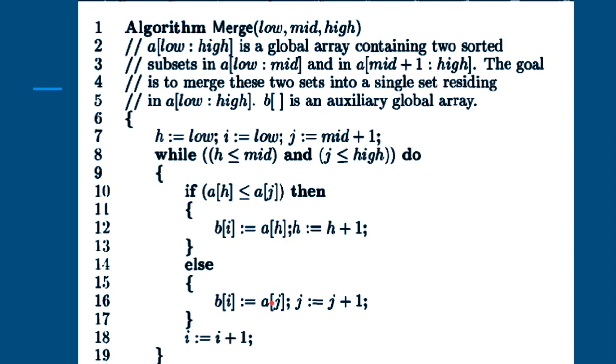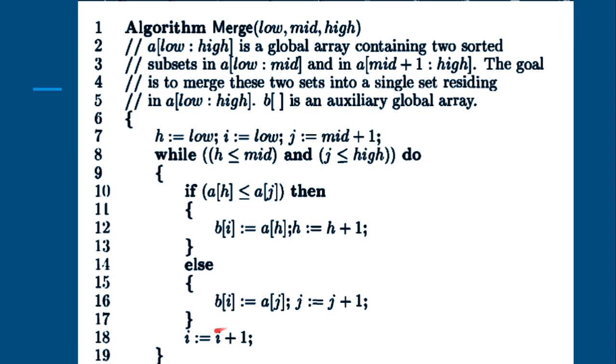Whichever is lower is copied to the new array B, and then the index is incremented, as h = h + 1 or j = j + 1. In either case, one element is now placed in sorted order, so we increment i = i + 1.